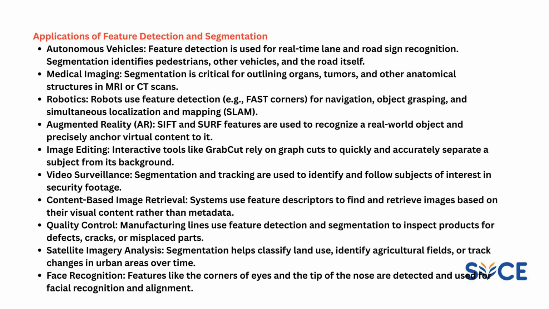So it uses feature detections to identify the key landmarks like road signs and lane signs. These are the basic inputs for that car. But for some complex understanding, it relies on segmentation to classify every pixel in its view.